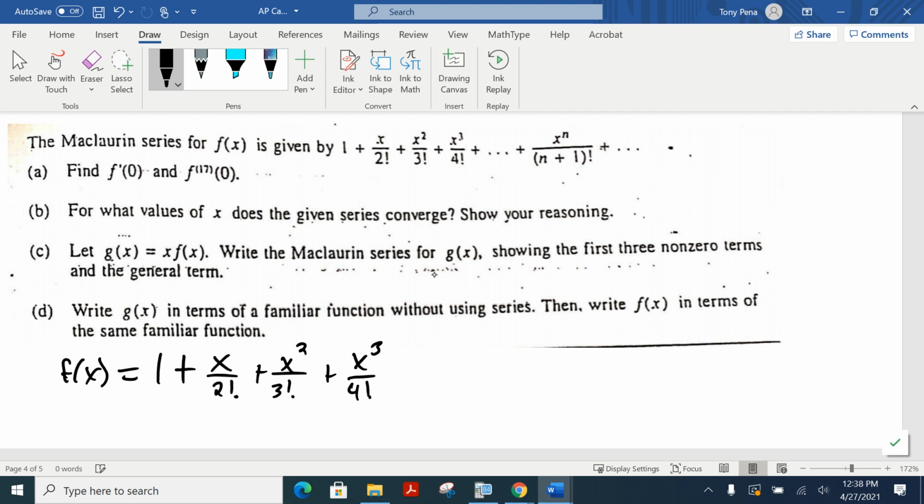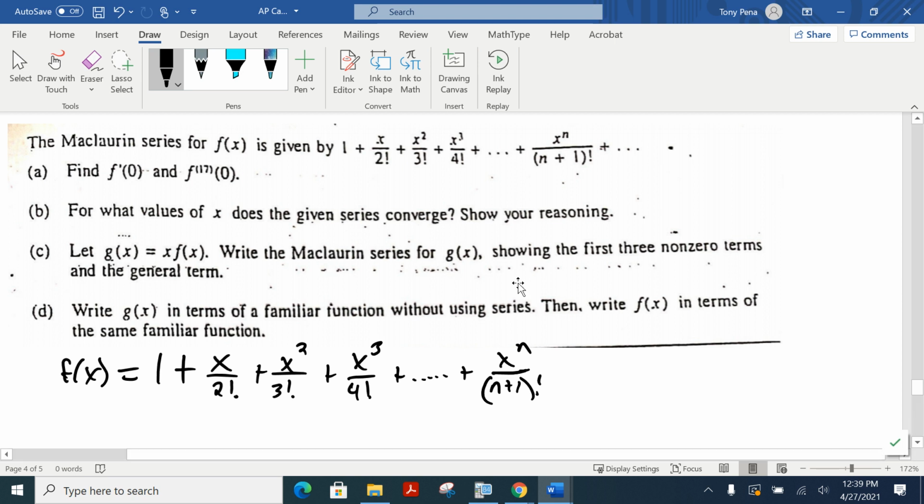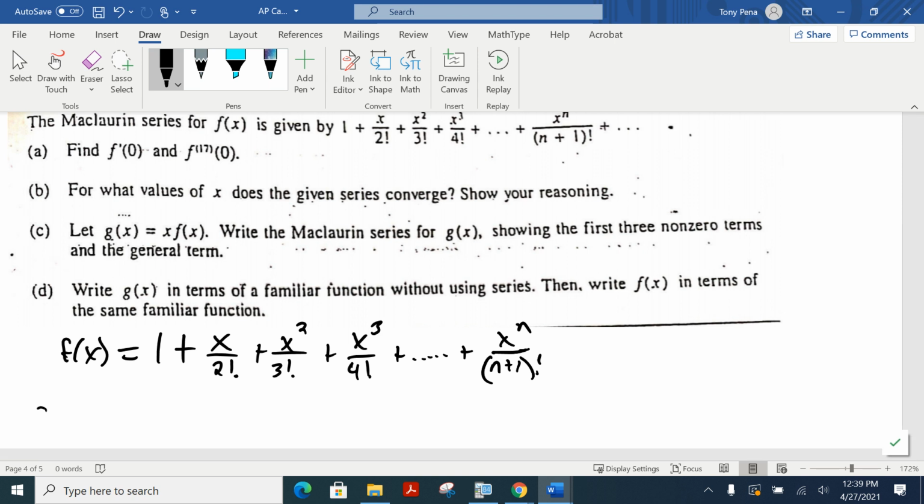You need to be real clever for one of them. Are we at least getting f prime of 0, maybe?